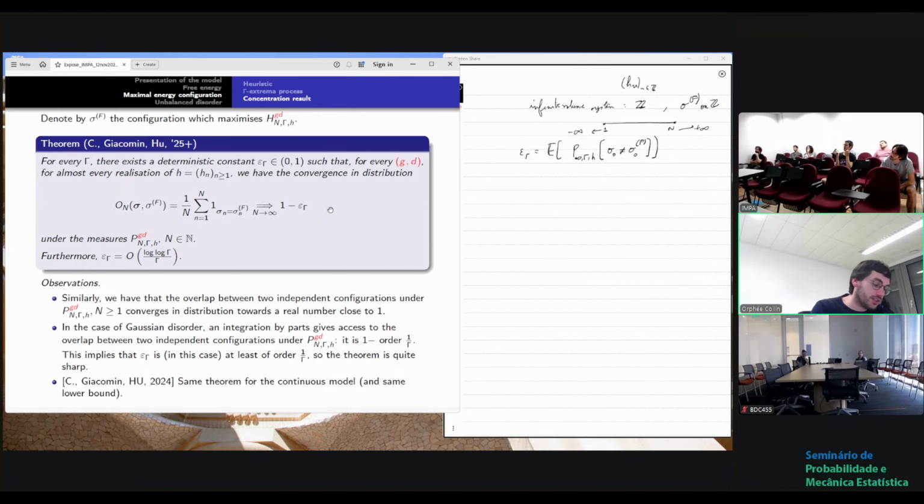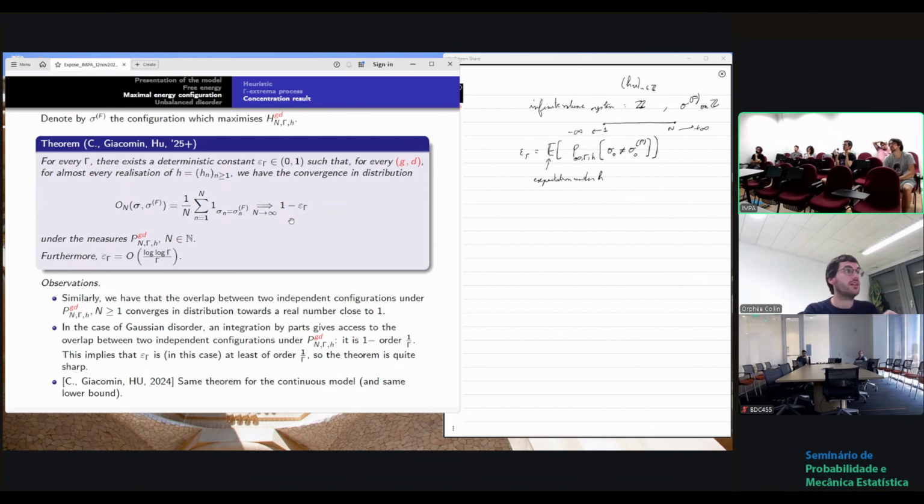And you should take the expectation under the environment. So yes, indeed, this is an ergodicity result, and you can interpret it like this.